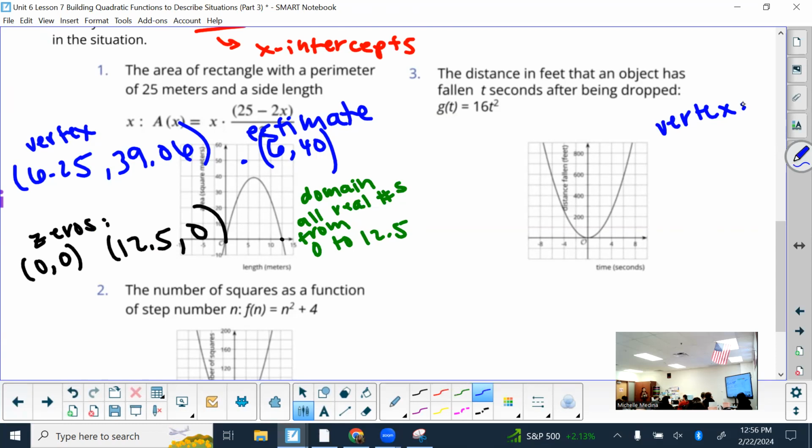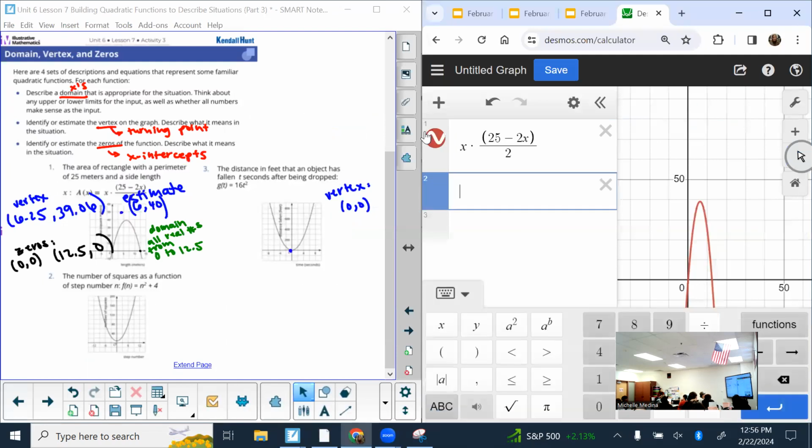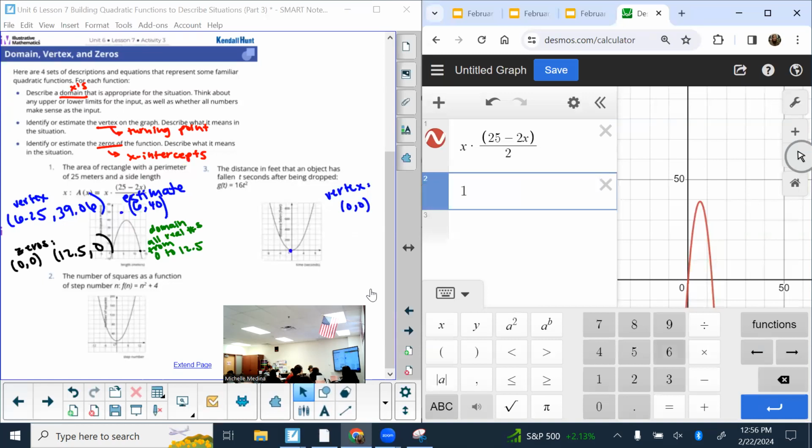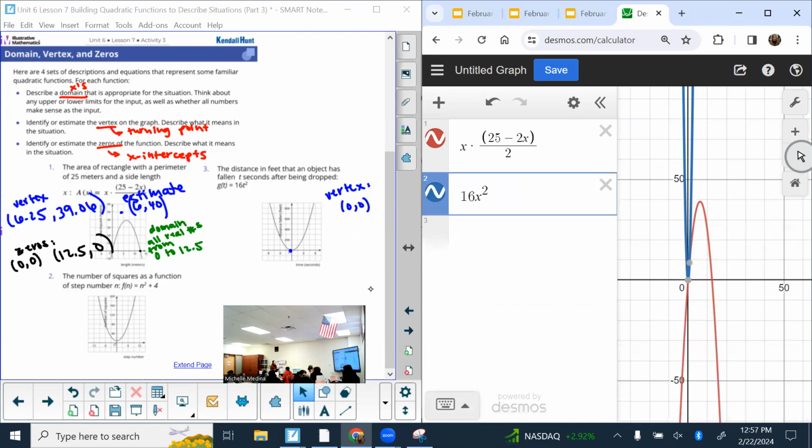Like Grace, help her out. What's my vertex for number 3? 0, 0. So your vertex is always going to be just one coordinate for our quadratics. It's the turning point of the graph. This one looks easier to see. I do agree it's probably 0, 0, even if I were to type it in. 16x squared. Because I think if I put a t, it might not read it. And yeah, it's at 0, 0 for that one.